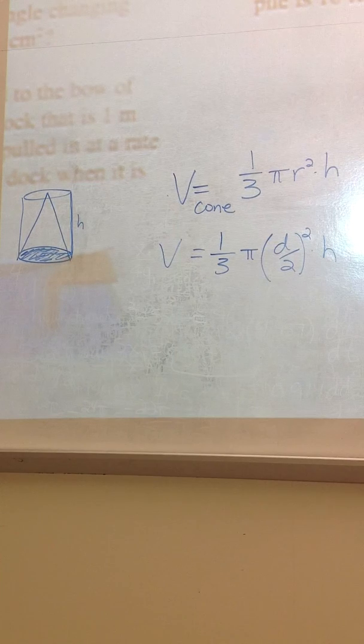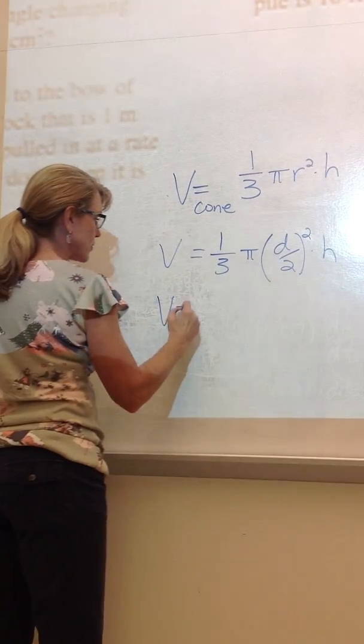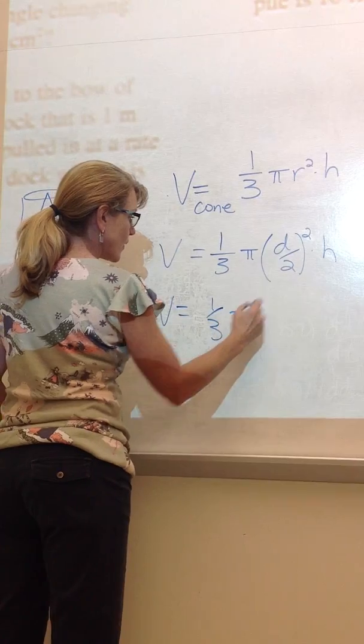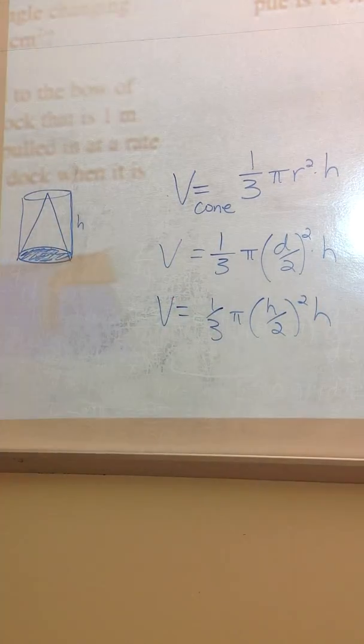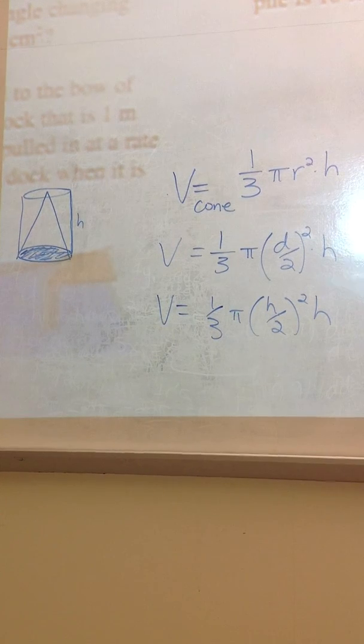And for this particular cone, this certainly isn't true for all cones, the diameter and the height keep changing so that they stay the same amount. So I can replace d with h. And so now I only have h and V in my formula.